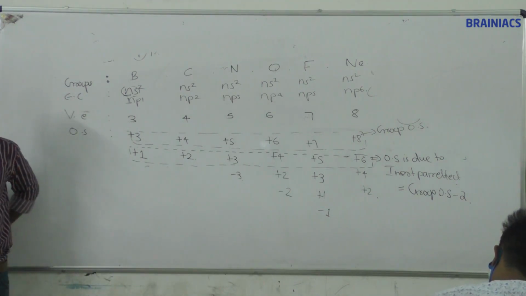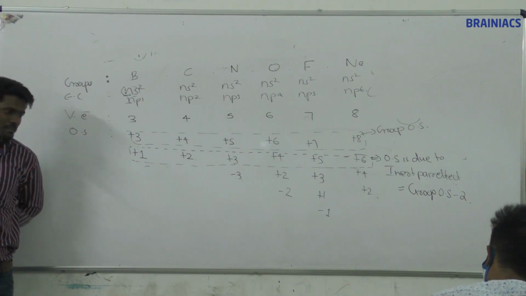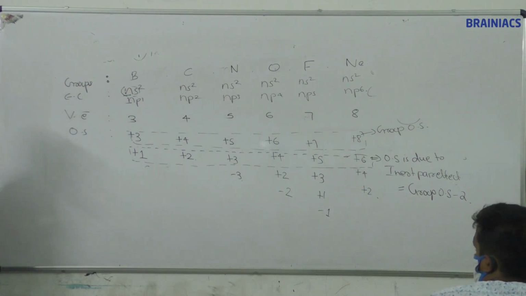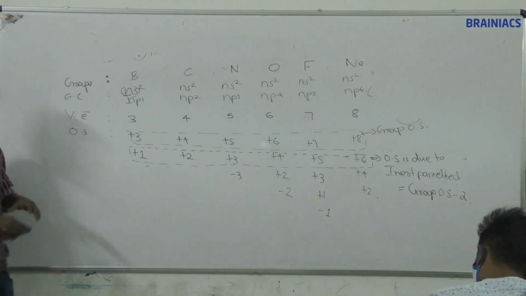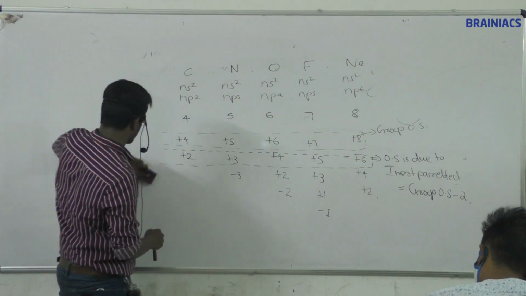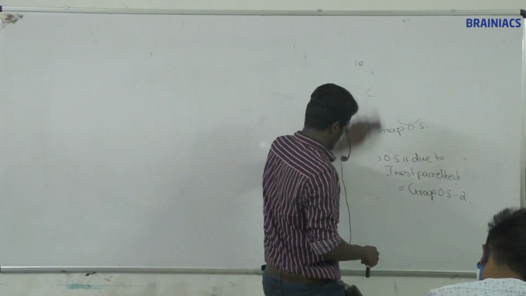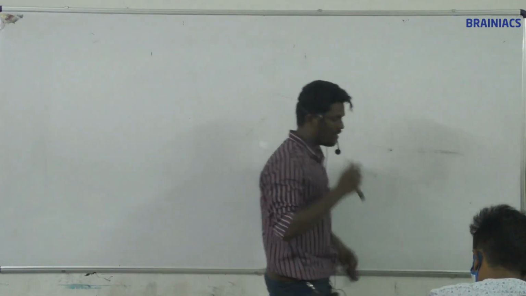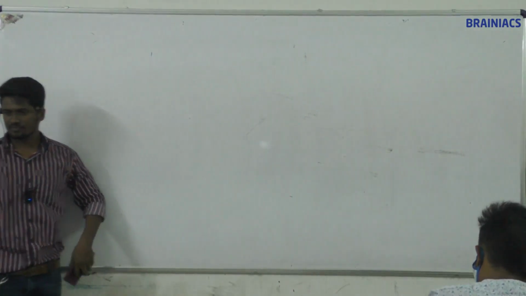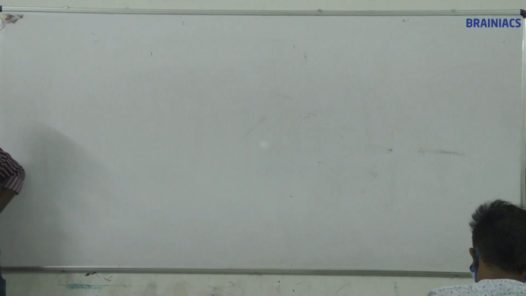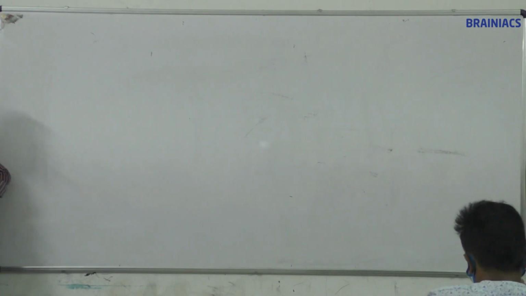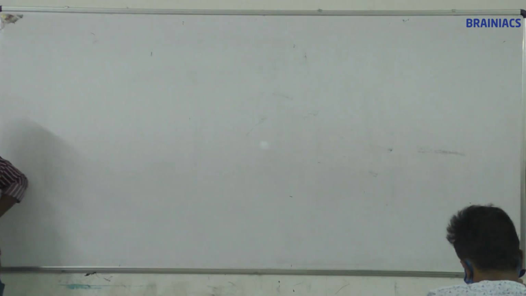Inert pair effect. It is the reluctance of the pair of electrons present in the outermost s orbital to take part in reaction.